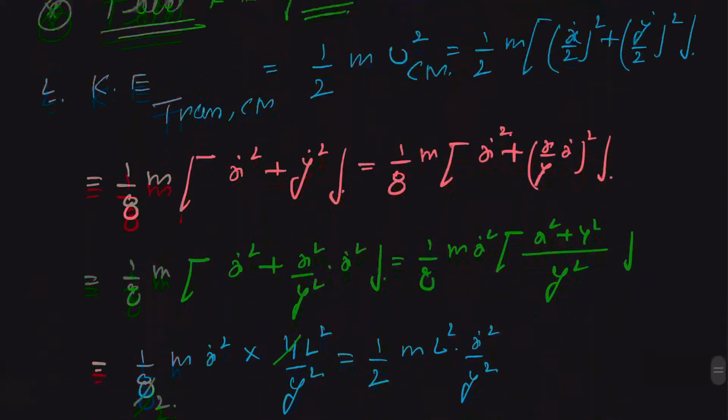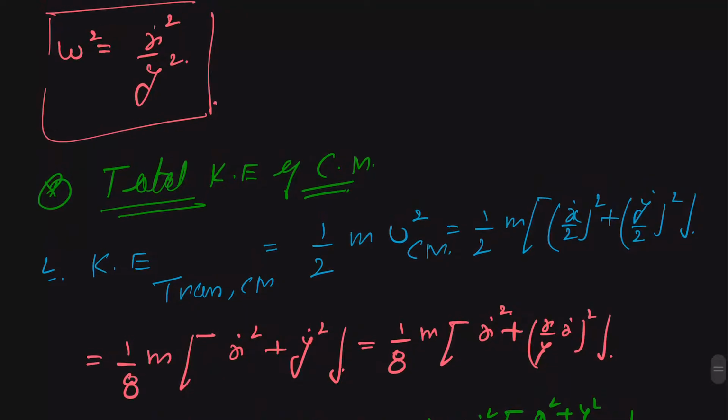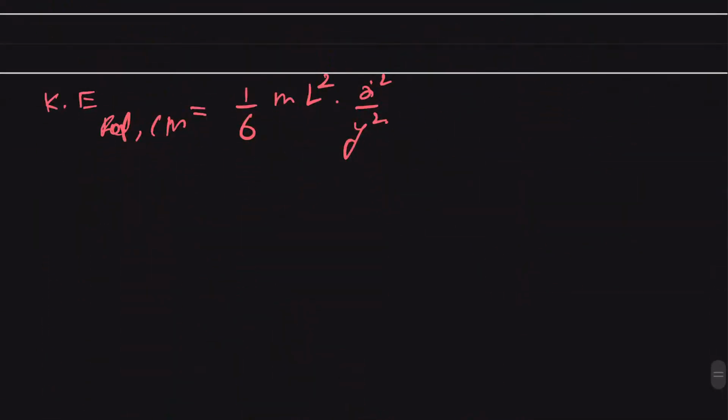So we are supposed to find out our total kinetic energy, and let us suppose that is our T, and this is for center of mass. So we can say our T center of mass will be equal to kinetic energy translational for our center of mass plus kinetic energy rotational for our center of mass.